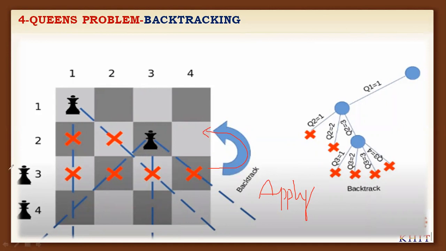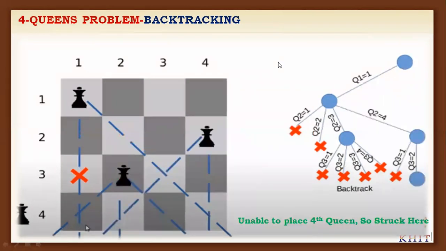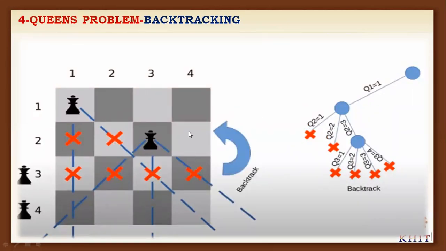If I place the next queen Q3 here, what will happen? This is also not considered a safe mode. So what can I do? I cannot place Q3 here, because this is not a possible way.